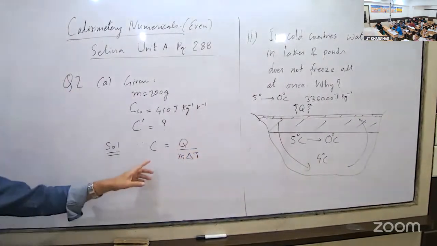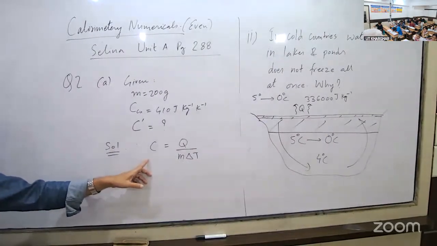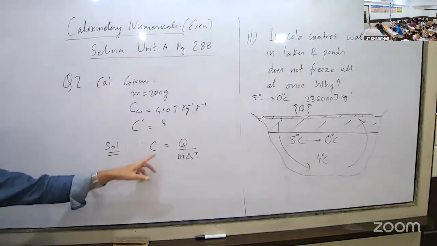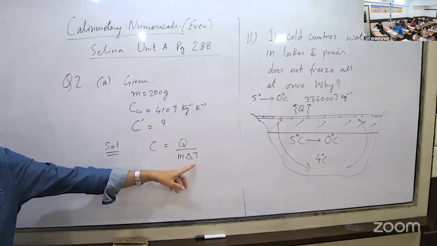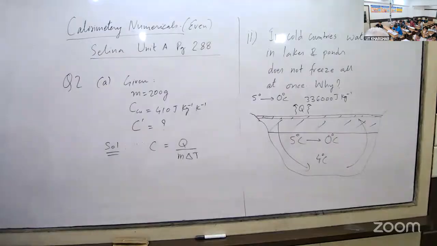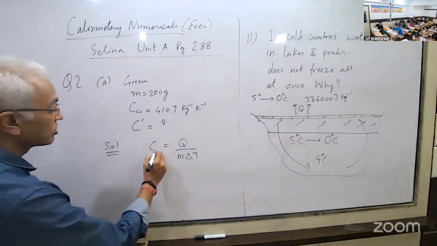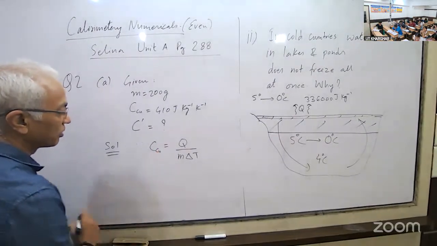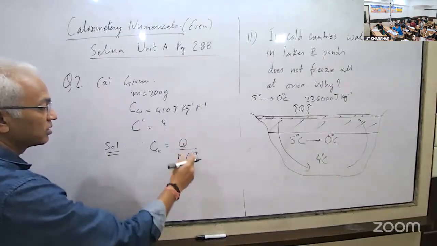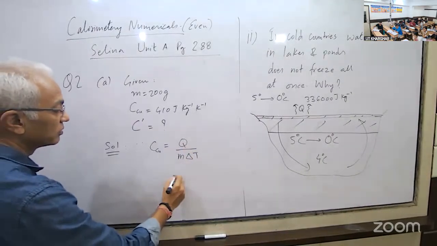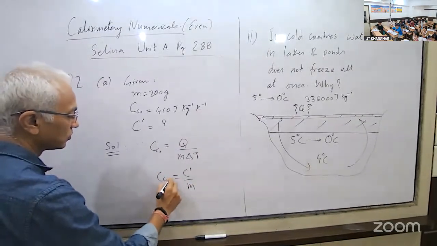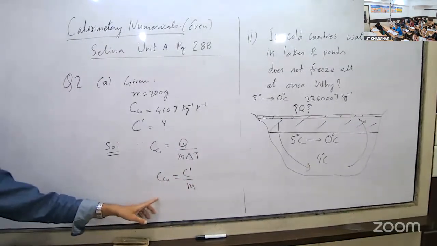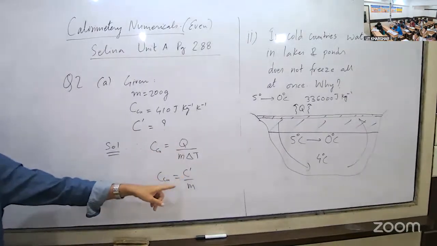By the formula of specific heat, what do we have? Heat absorbed per unit mass per unit rise in temperature. This is the formula of specific heat, so we will use it for the specific heat of copper. And what is this? Q by delta T.